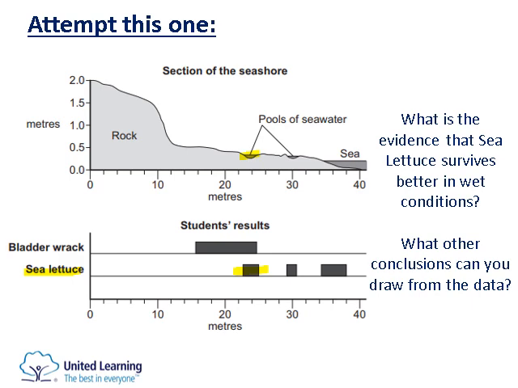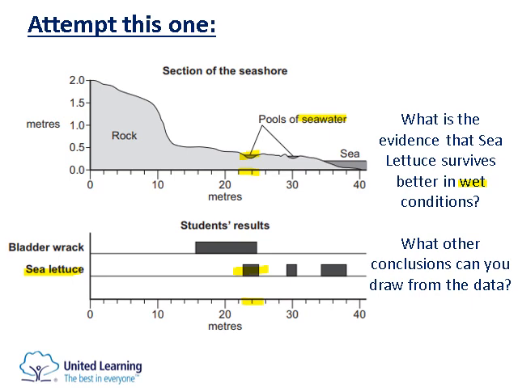I have a pool of seawater. So what evidence is there that the sea lettuce survives best in wet conditions? My wet conditions are obviously going to be found in the pools of seawater. So you could say at 22 and 26 metres, so this range, there is sea lettuce found. This is where there is a pool of seawater.